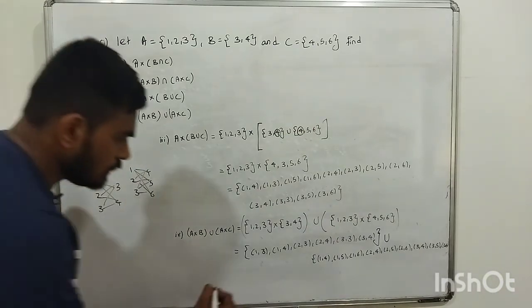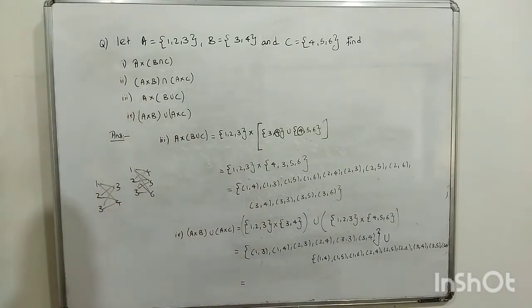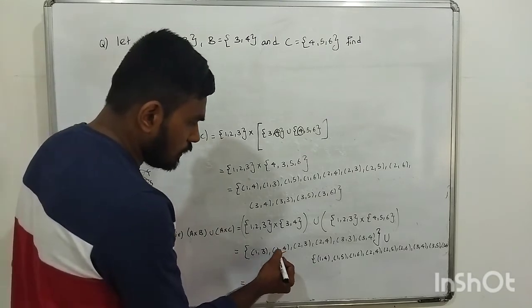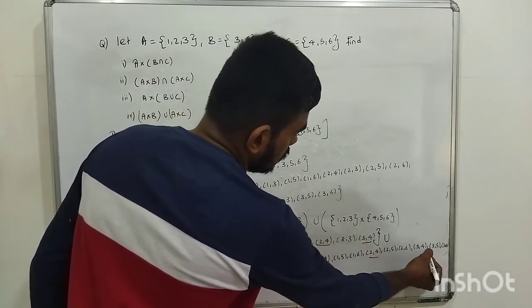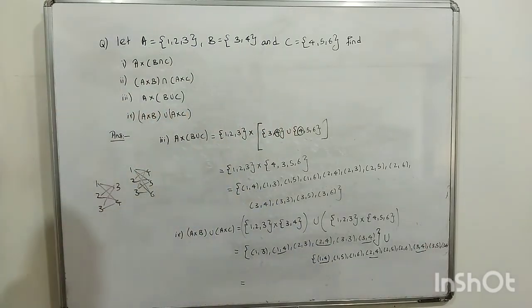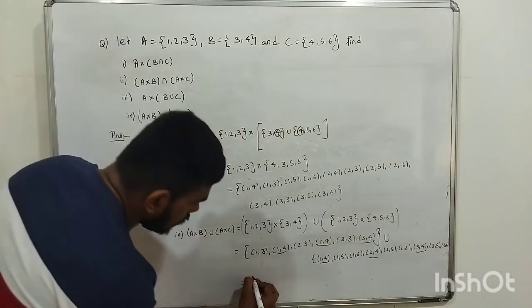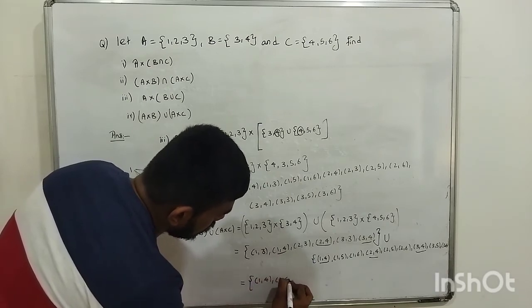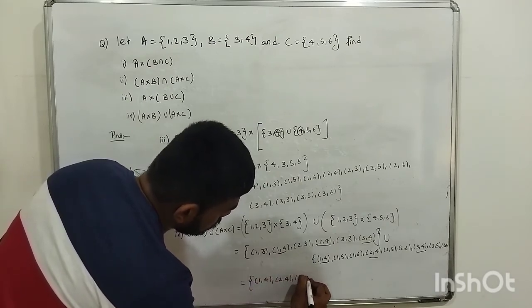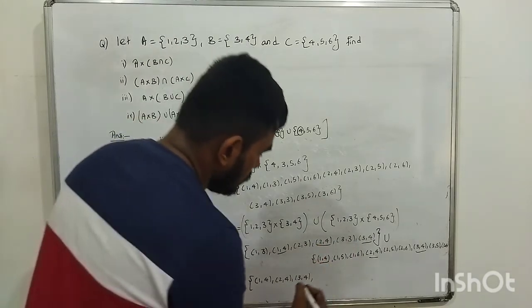Now just mark the common elements and write the remaining elements. So common elements are (1,4), (2,4), (3,4), as you all know, in the previous example also. So those we can write first and then the remaining elements: (1,4), (2,4), (3,4). Okay. And (1,3), (2,3), (3,3).